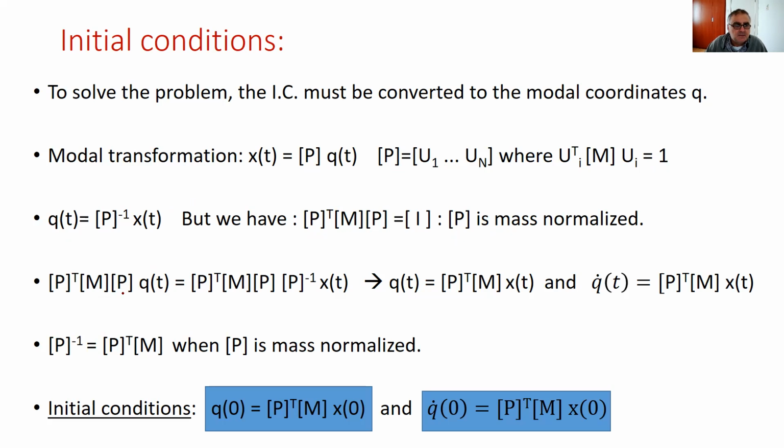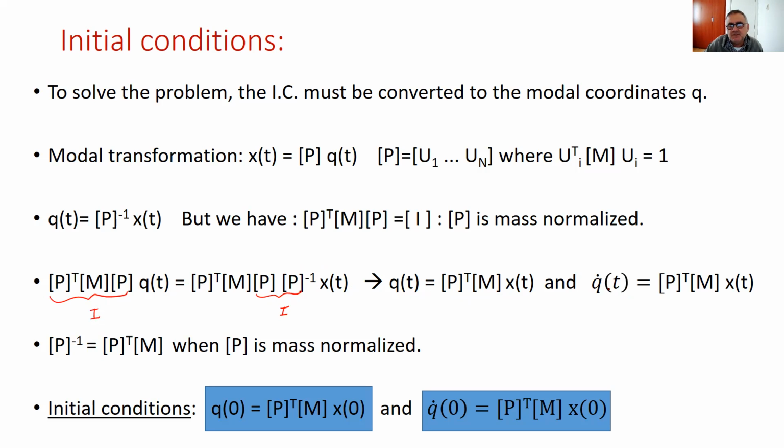In that case, what we can do is q of t is equal to P inverse x of t. We know this. We just multiply it by P transpose M P, which is an identity. It doesn't change anything. We also multiply it from this side. But we know that this thing is an identity matrix. So it cancels. So what we get is q of t is equal to P transpose M x of t.